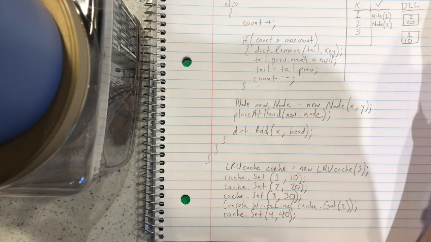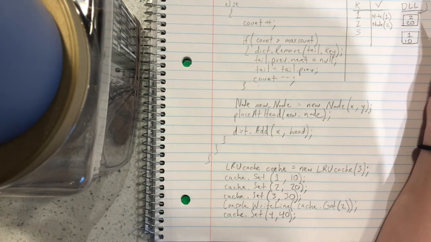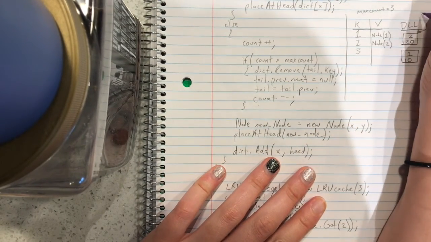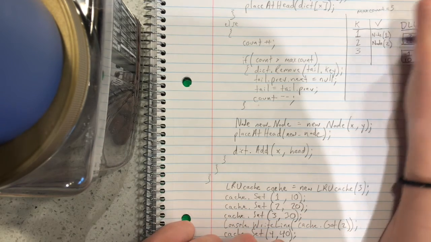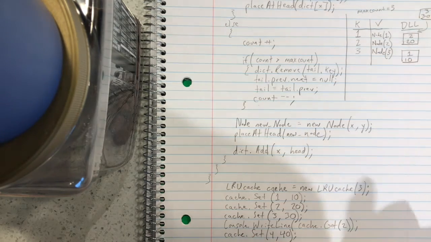3 and 30, and the location of the node stored here.